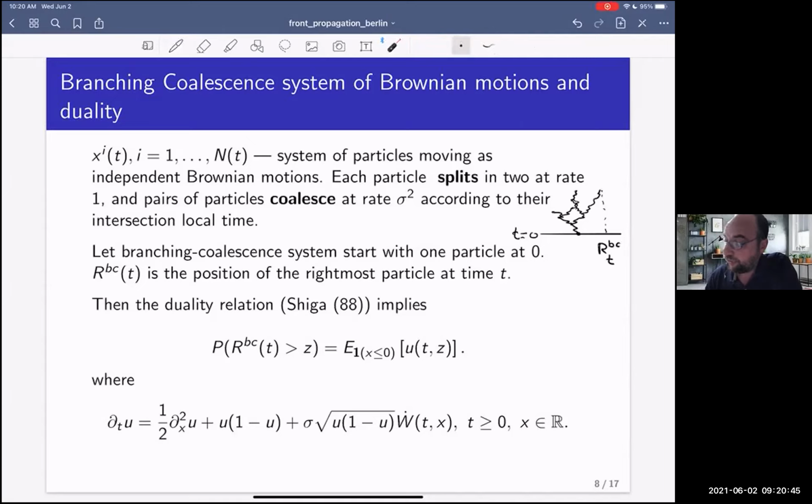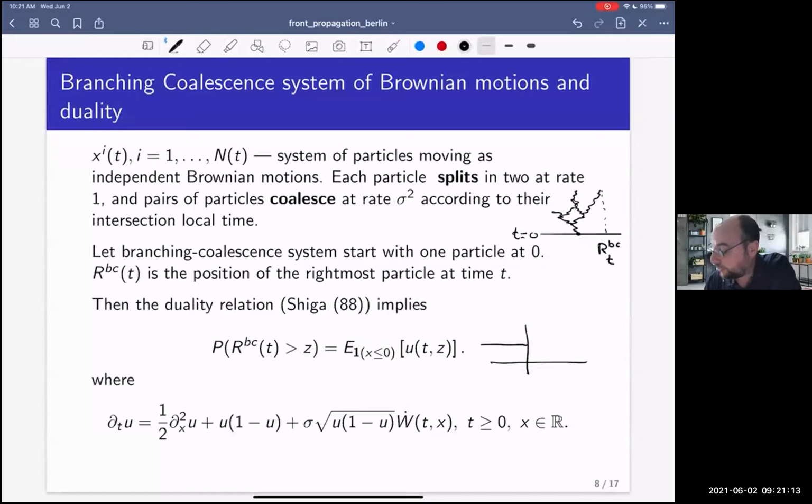then there is a duality relation due to Shiga that gives the following expression for the probability that the rightmost particle is greater than any number z. To calculate this probability, one can take the solution to this stochastic KPP equation with this drift, which starts with the Heaviside function.